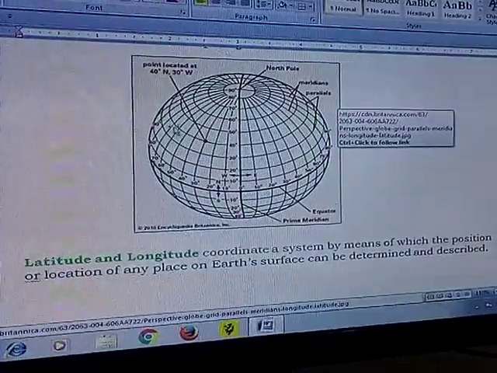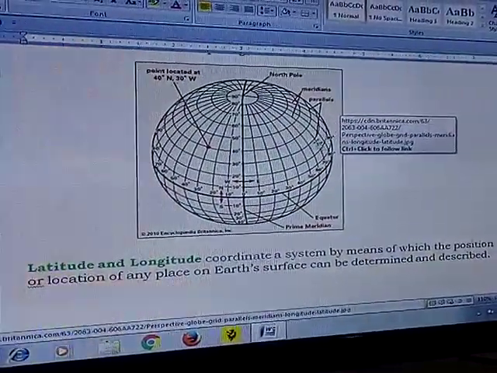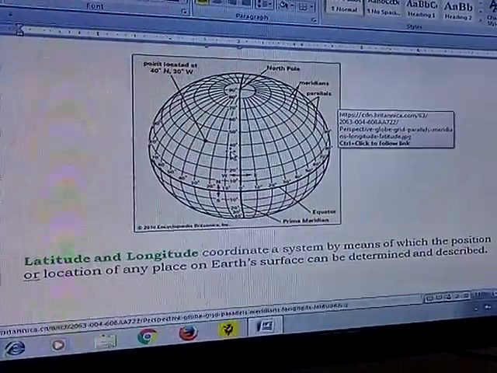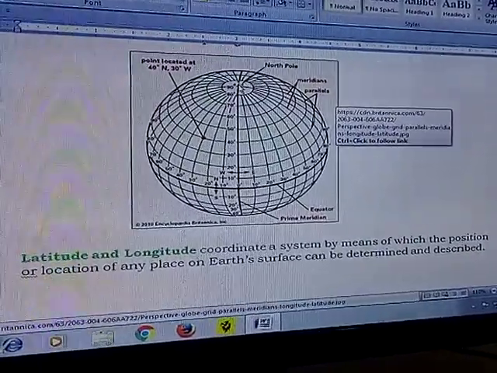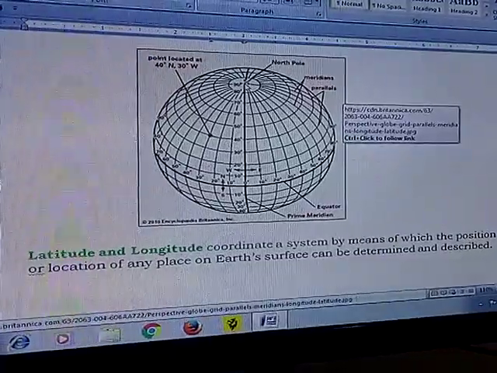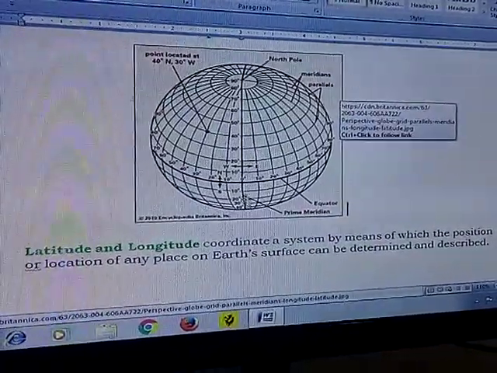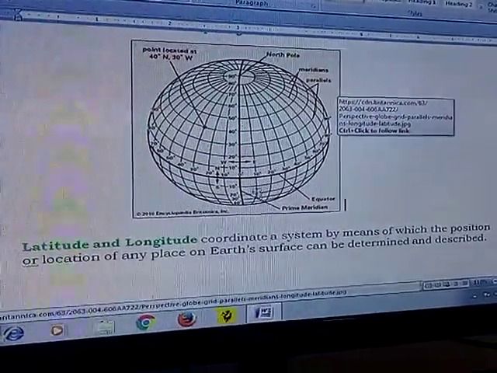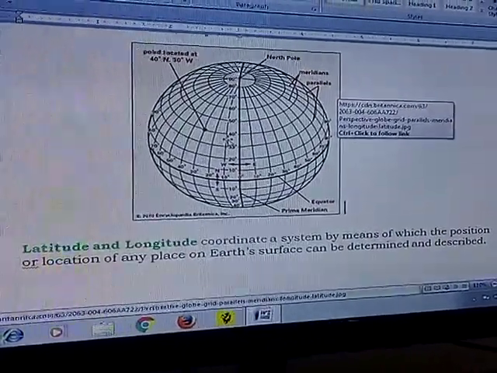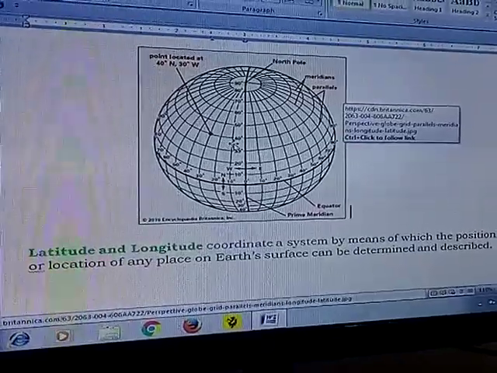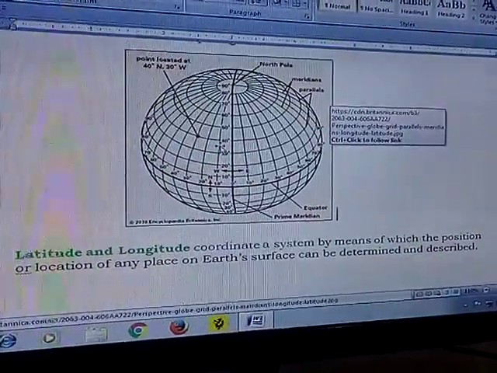This line and this line, these are all latitudes. Whereas the lines which are coming, imaginary lines of course, from the north pole to south pole, and there are so many, they are known as longitudes. So this is a common thing that you have been learning from standard 6.